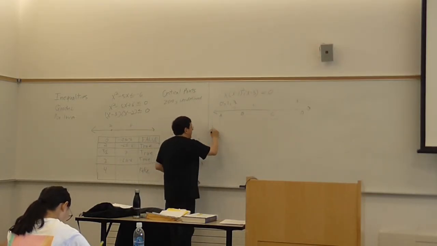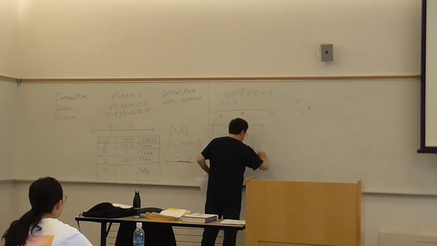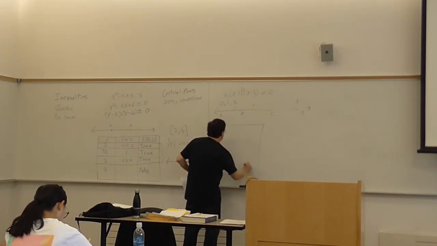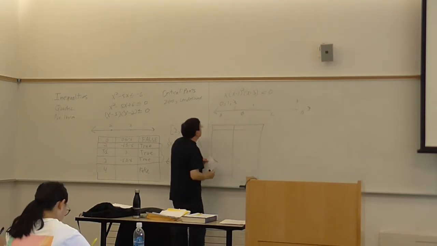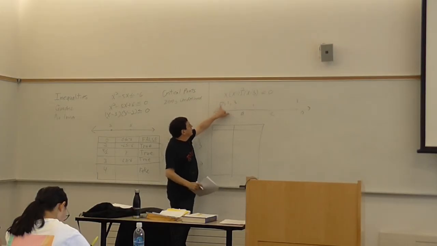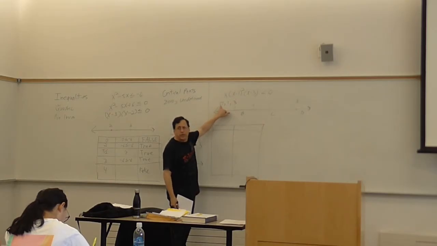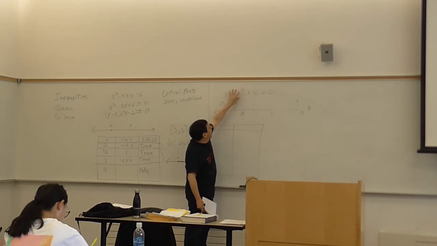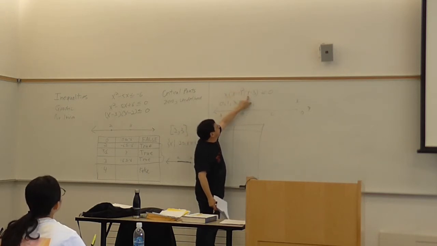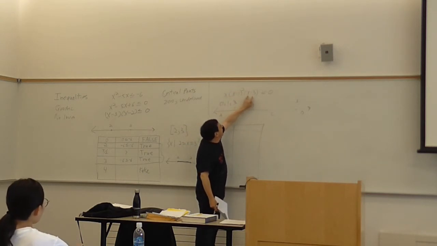Okay, again, I'm going to make my table a little simpler. So if I'm less than 0, let's try minus 1. Minus 1 squared, that's positive. Minus 1 minus 3, that's negative.